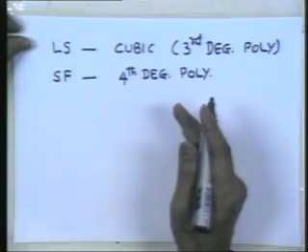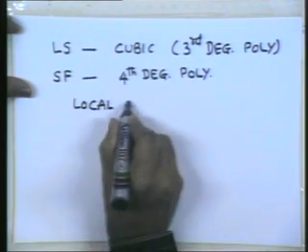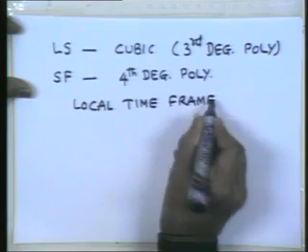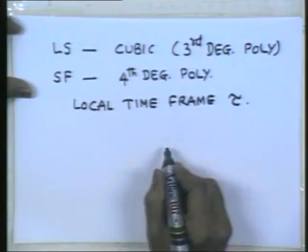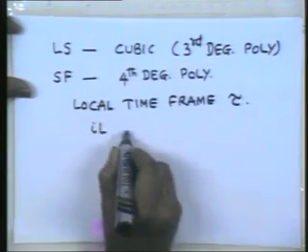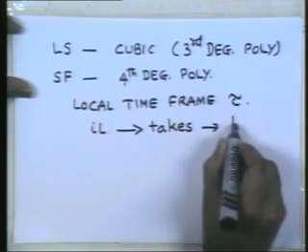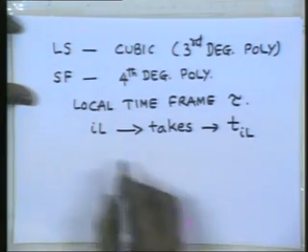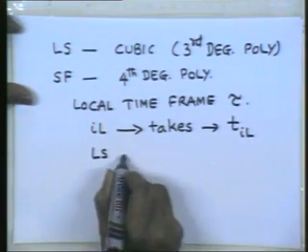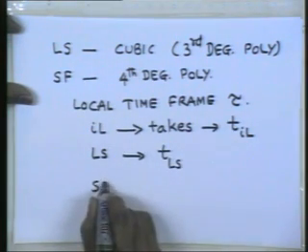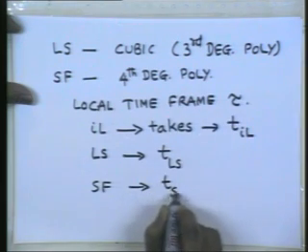So, how do we get the corresponding equations? Say for example, if you again define local time frames tau. Let us say that I to L takes TIL time, then L to S should take a duration that is also specified, say TLS, and S to F should take a duration that is specified as TSF.